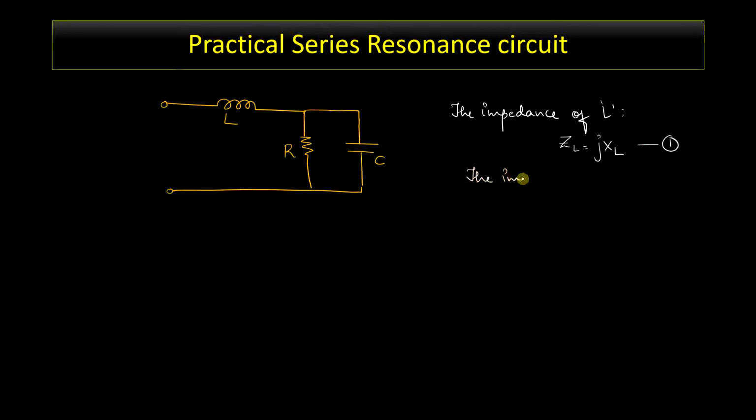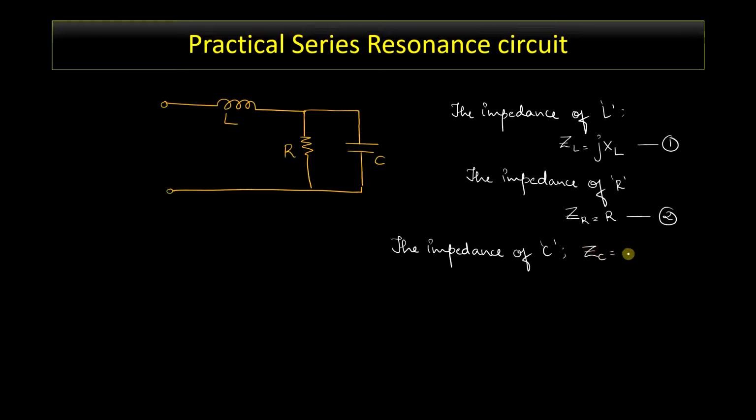The impedance of the resistor is ZR equal to R, the same thing, that is a resistor itself, and the impedance of the capacitor, let me represent this as ZC equal to minus jXC. So I have represented the impedance of each of the circuit element.